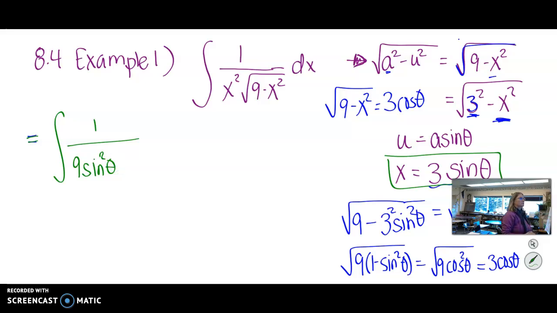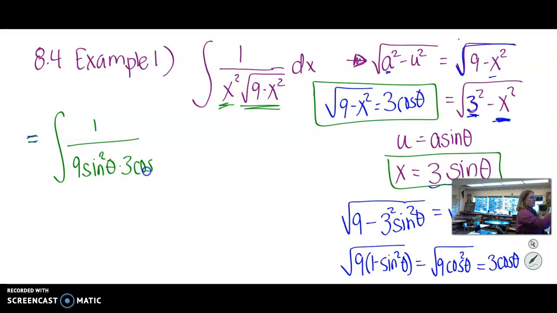So I get 9 sine squared theta. That's just subbing in the x and then squaring it. And then the square root of 9 minus x squared is 3 cosine of theta. So I'm going to replace this with 3 cosine theta.